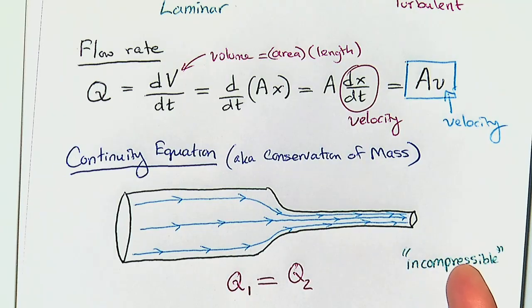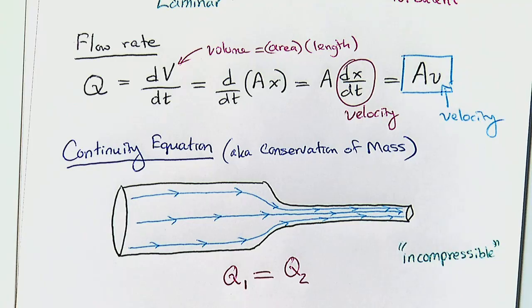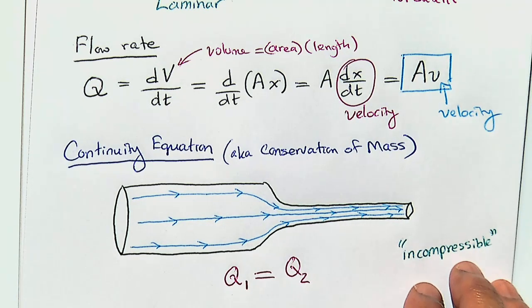You can do this with air. If you put air into a balloon and squeeze it, you can change the volume fairly easily with your hands. So air is fairly compressible, water is incompressible, and a lot of fluids behave in an incompressible way a lot of the time. So there's an assumption there: you're not going to be able to change the volume.